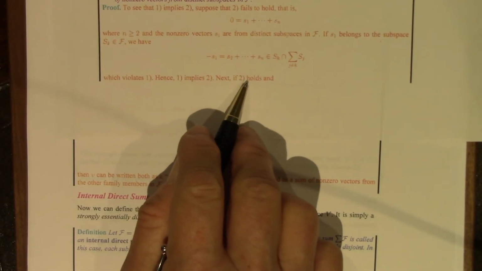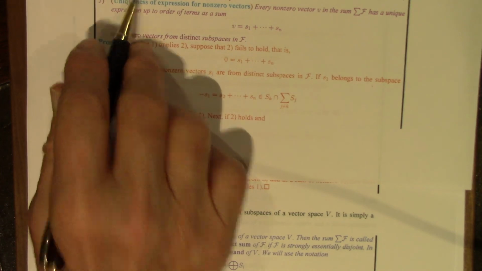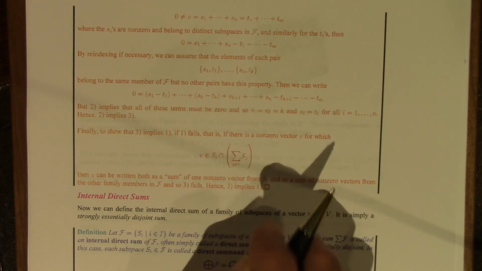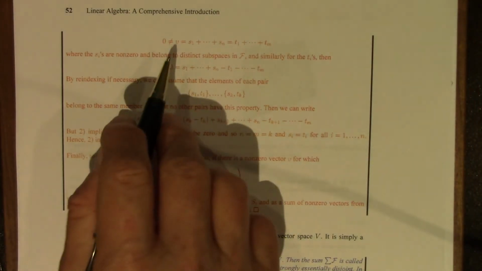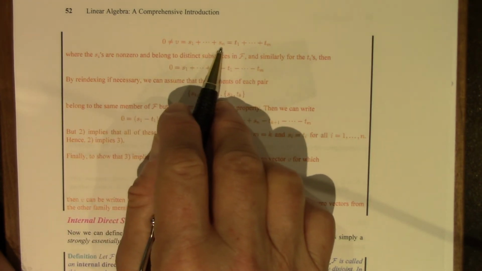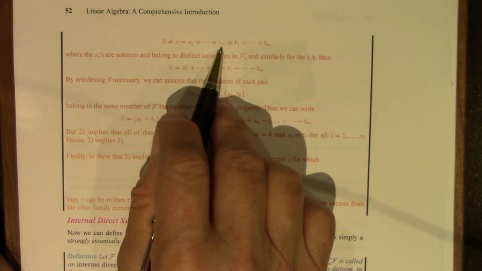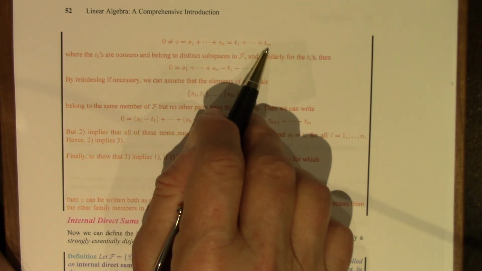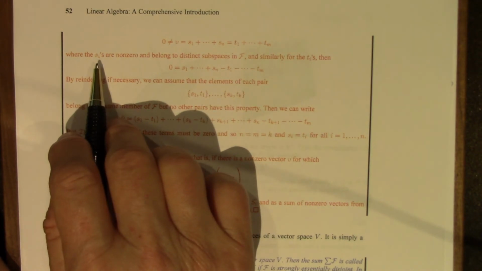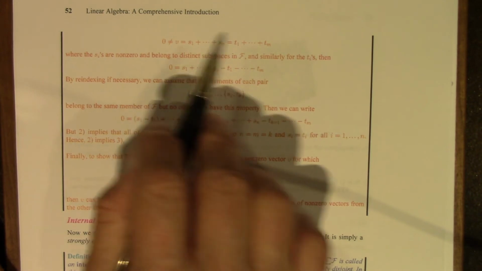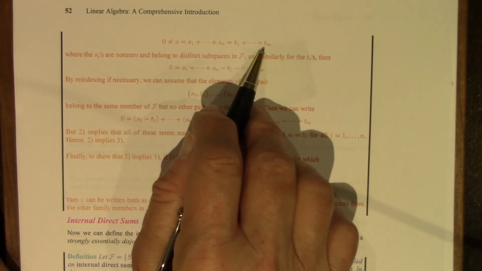So we can assume that 2 holds, and that a non-zero vector v can be written as a sum S1 through Sn, and also as a sum T1 through Tm, where the S's are non-zero and belong to different subspaces of the family, and similarly for the T's.